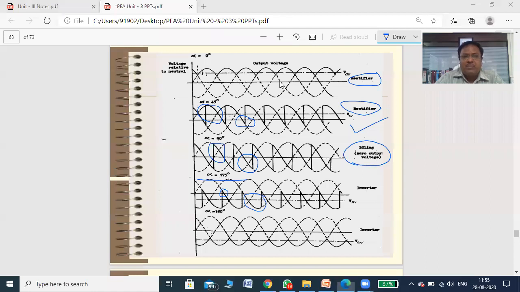This negative part means that the power is fed from load to source. So that operation is called inverter operation. When power is fed from load to source, the circuit is normally called an inversion or inverter circuit.